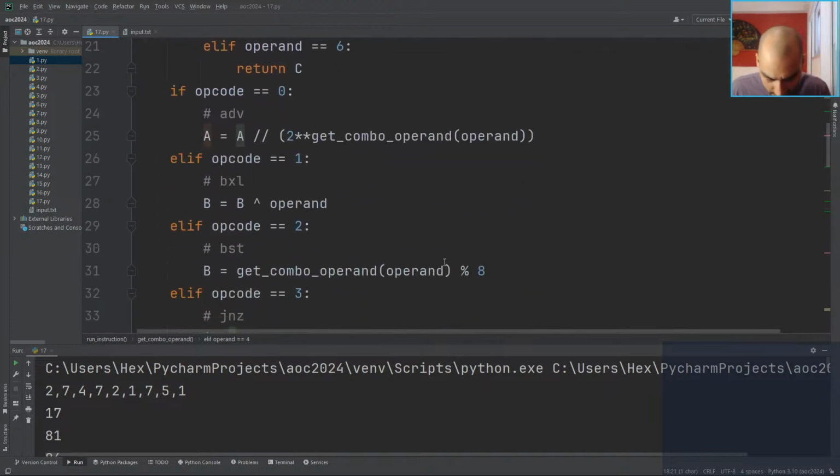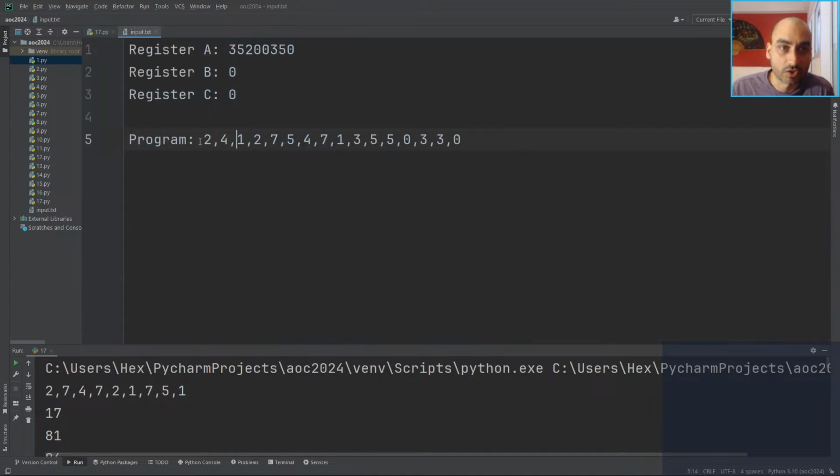So B is now A percent 8. Let's say A starts with small a. So it's small a percent 8. All right. Then we go to the next instruction.